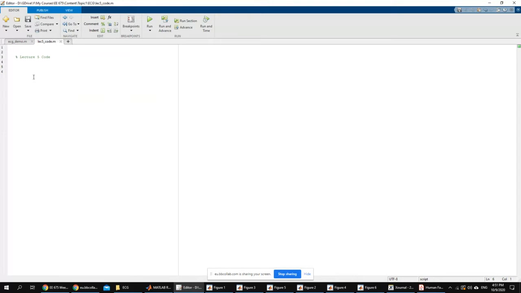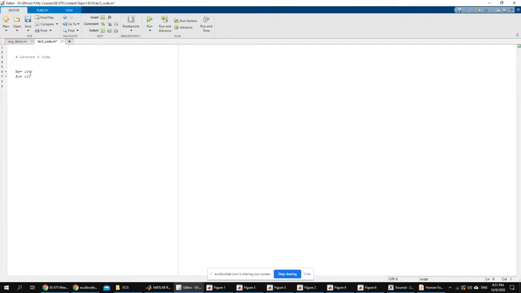So we'll say that the number of samples n capital is equal to 100, and we're going to simulate a signal with frequency f node equal to maybe 10 hertz.